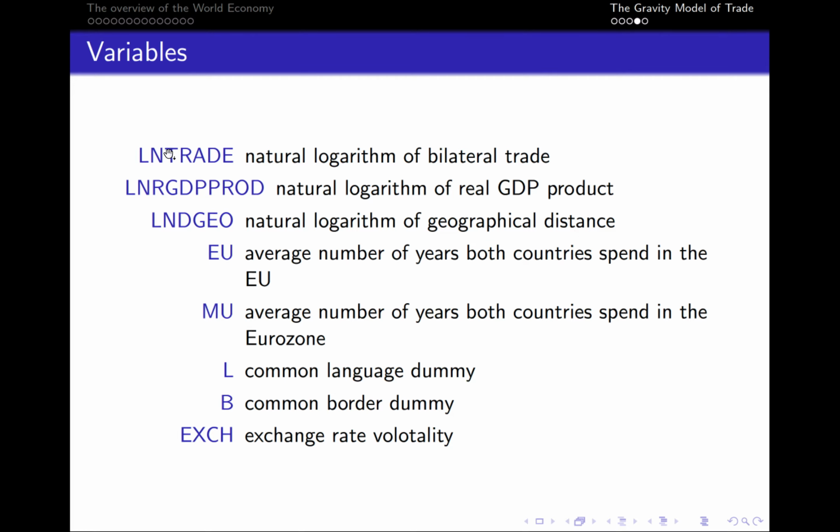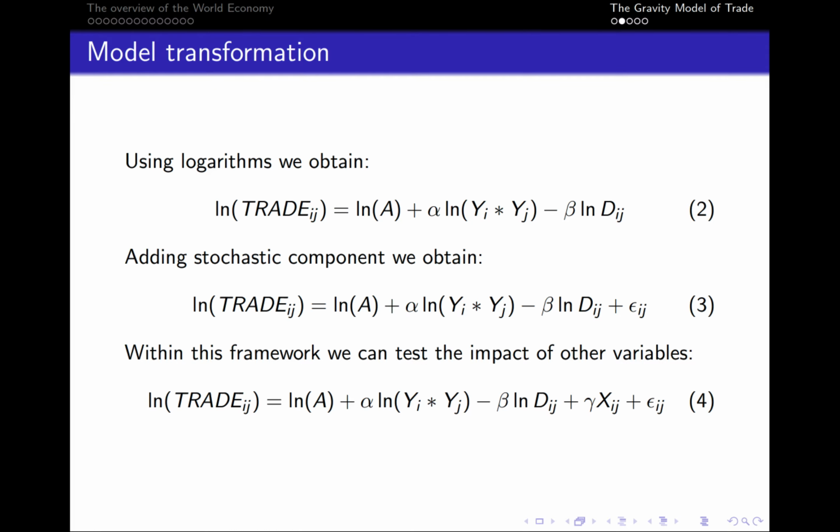Now look, again, one more thing should come to your mind from dynamic economic analysis. In this model, what we have is ln trade, ln real GDP product, and ln geographical distance. If I take this equation and partially differentiate it with respect to ln real GDP product, I'm going to get alpha.